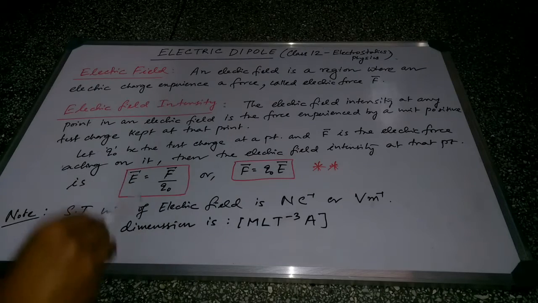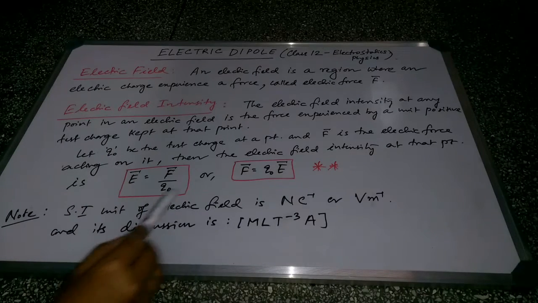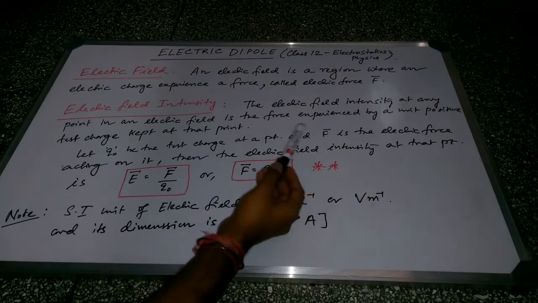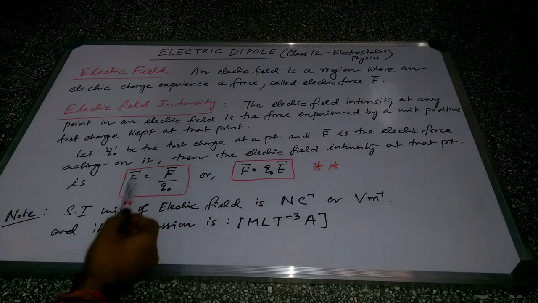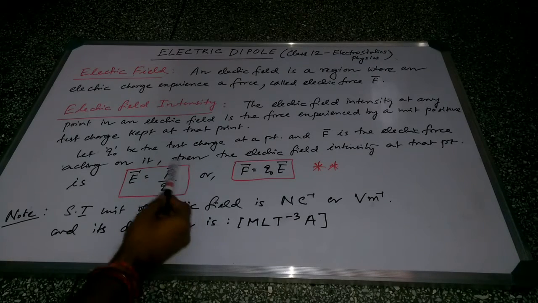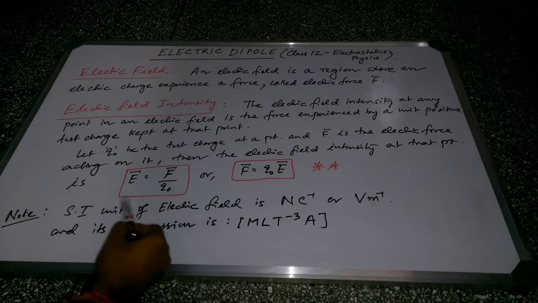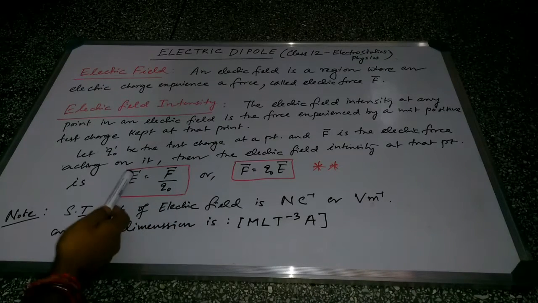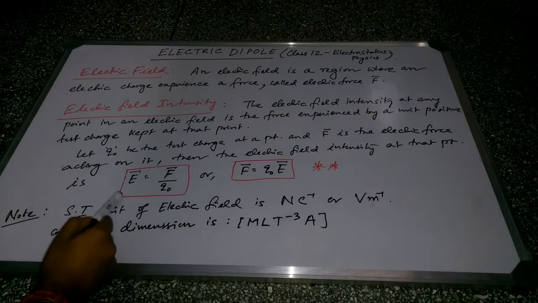Then what will be the electric field intensity of that region at that point? E vector is equal to F vector by Q naught. So this is the definition, the expression of electric field intensity. The electric field intensity can be understood from this expression.